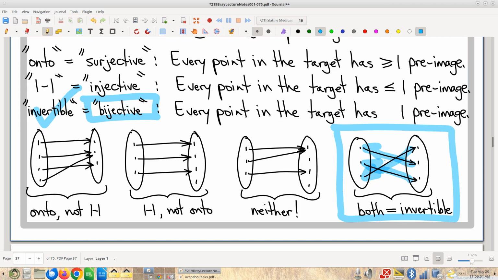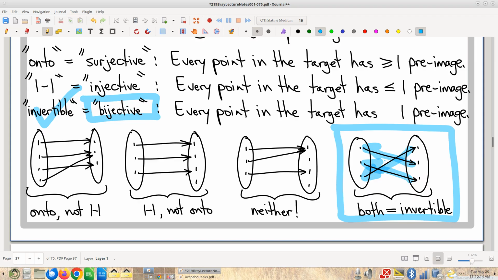It's just undoing. If you think about it, you have to have exactly one pre-image to be able to do this. Look at this point of the target, right there. It doesn't have any pre-images. How can I invert this function? What would be the value of the inverse of this function for that point?